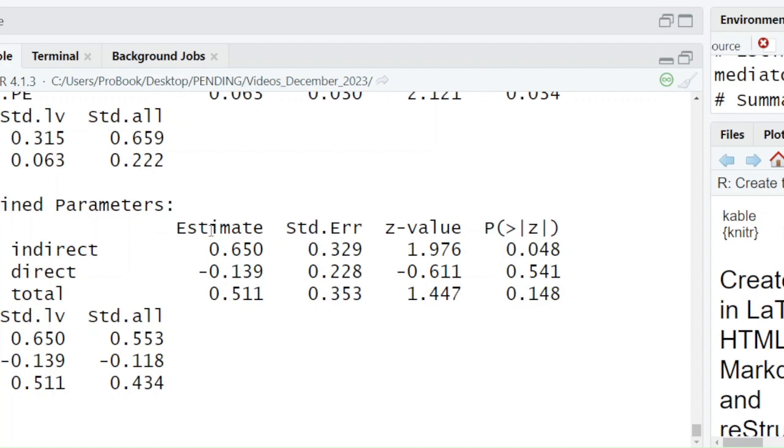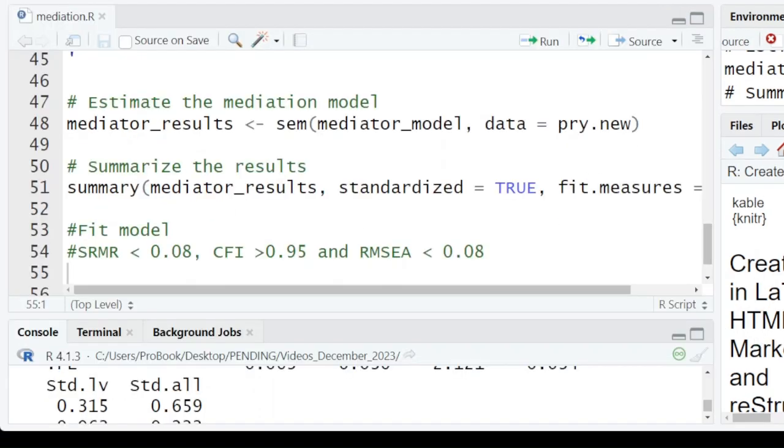Then we have the indirect effect. When we introduce the mediator, we see that the coefficient is positive and statistically significant.